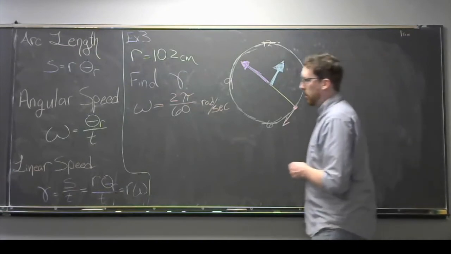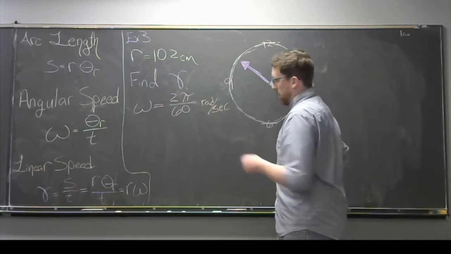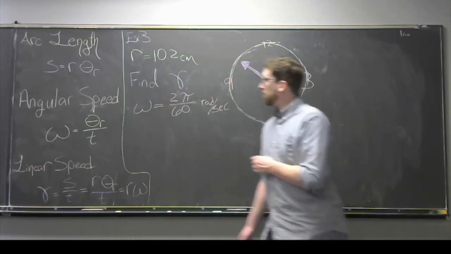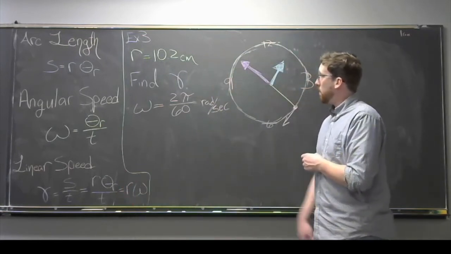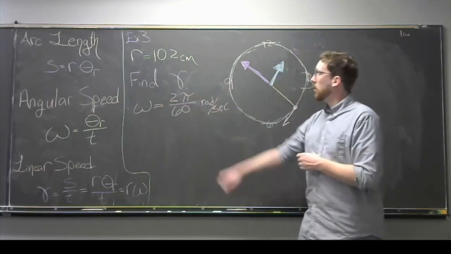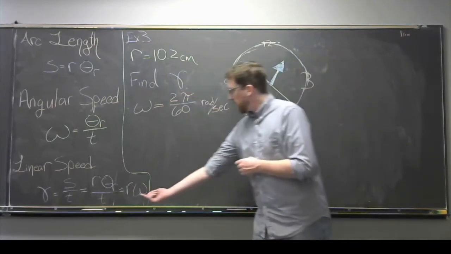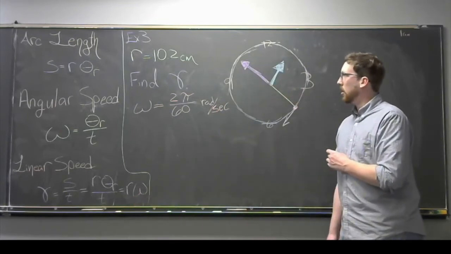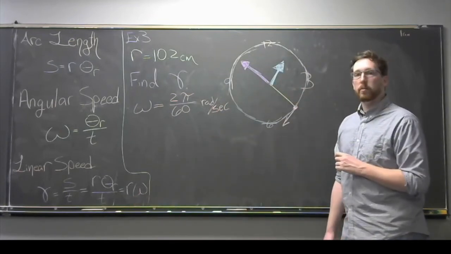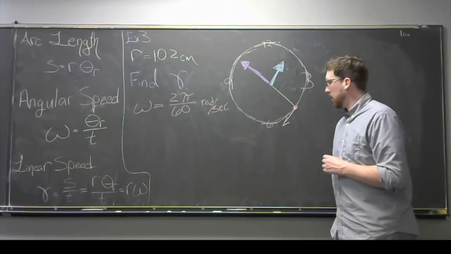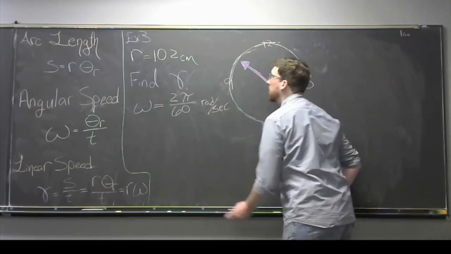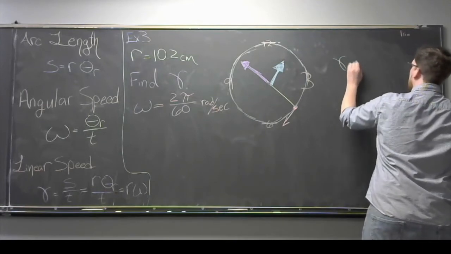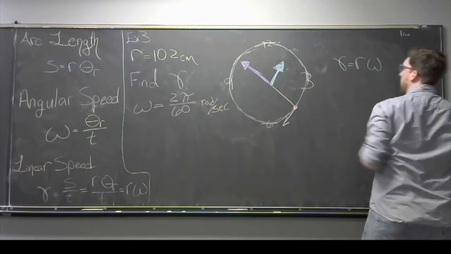All right. Well, we know the formulas that we could possibly use to calculate linear speed. And based on the data that we have, we want to use this last formula, r times the angular speed. So let's put all this together. r times the angular speed.